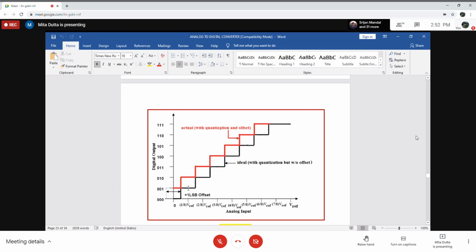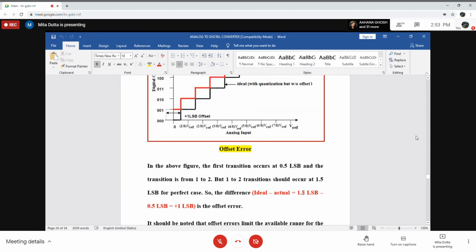So here, if we take 001 to 010, in the ideal case it occurs at 1.5 LSB, and in the actual case it occurs at 0.5 LSB.